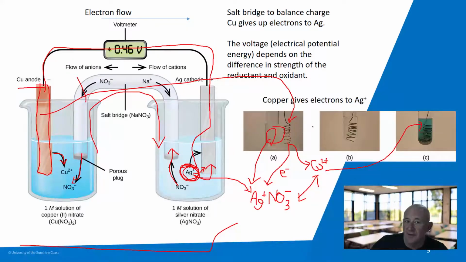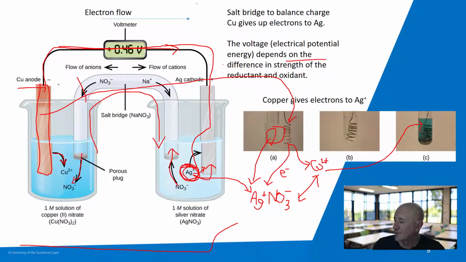Now, the nifty thing about this, of course, as you well know, is this is what a battery is, and a battery is essentially a bunch of galvanic cells put together, but this is, in a sense, the simplest kind of battery here. And of course, as electrons flow through here, they can do what's called electrical work, and you can actually use that to do things.